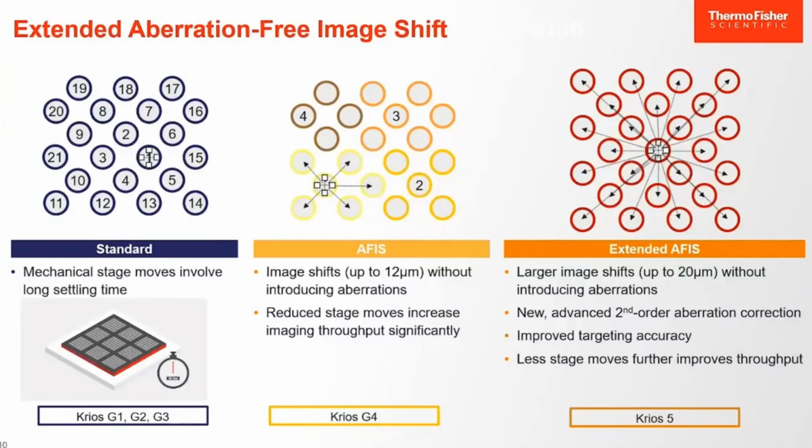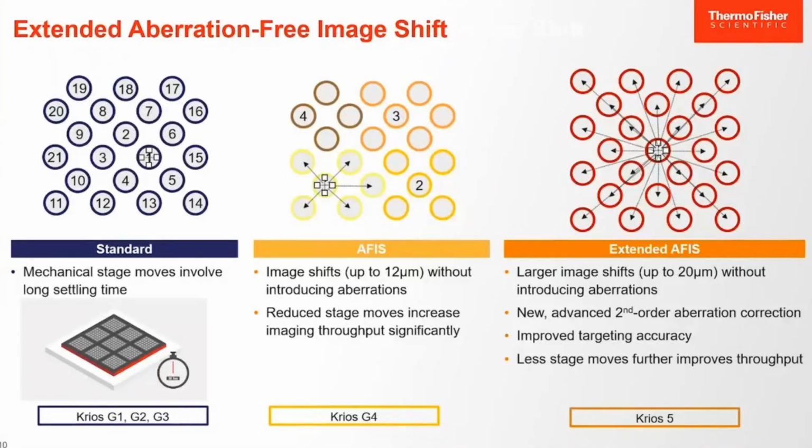And in addition, we have improved the targeting accuracy, which is getting increasingly important when you want to move to these very wide ranges with the image beam shifts. Last but not least, there is no sacrifice on the image quality. So we enhance throughput, the quality remains the same.